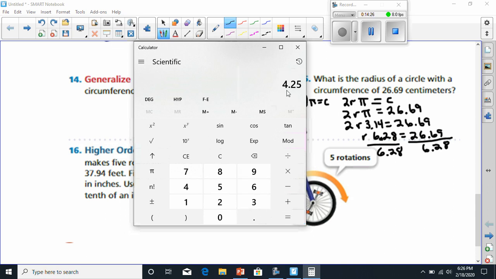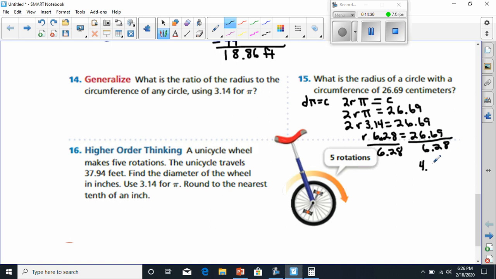That's going to give me 4.25. And this is eliminated, so the radius is 4.25. And let us not forget that's in centimeters, so we'll put cm here.